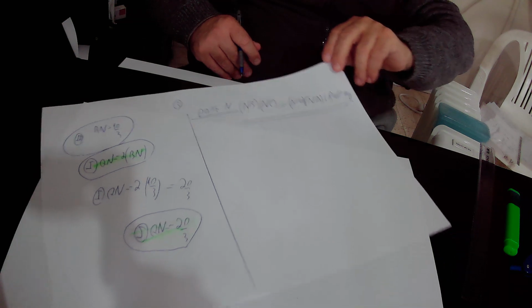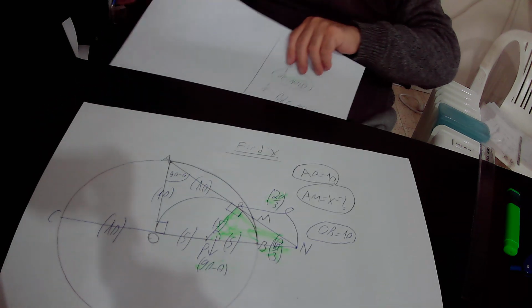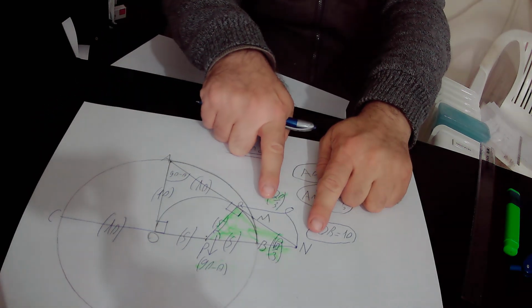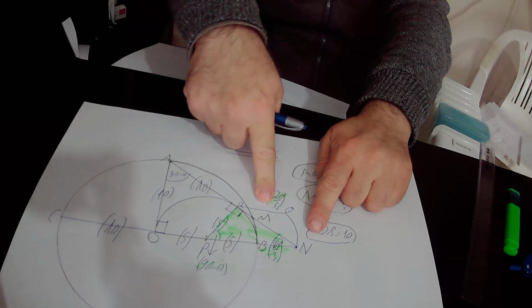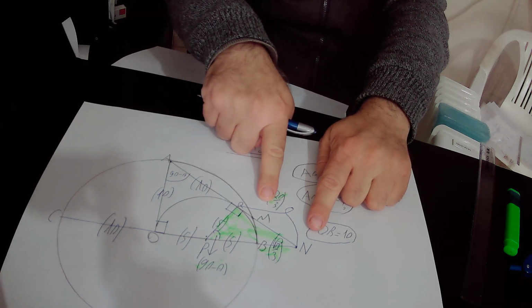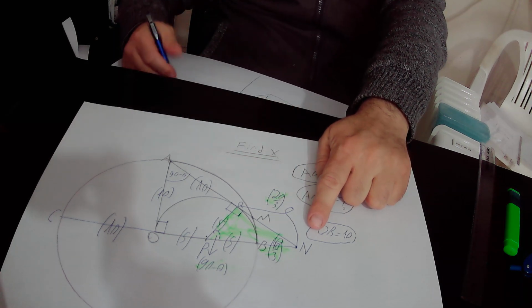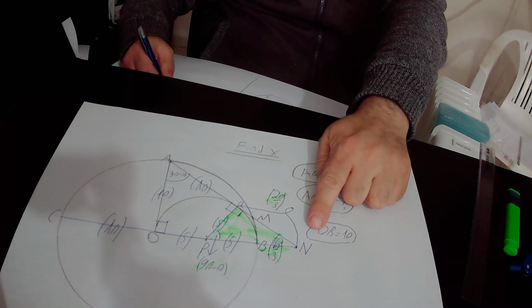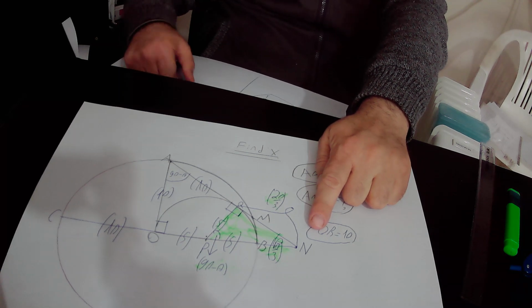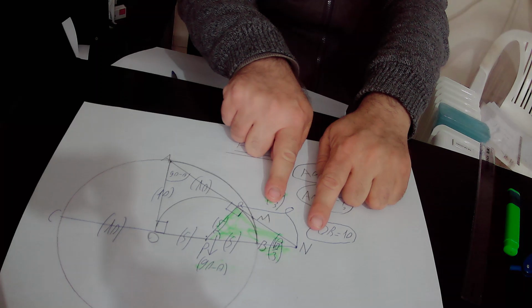So first of all, we have to find out the length of this line segment MN. From the drawing, it is very easy to see that NM equals QN minus QM. Again, NM equals QN minus QM.